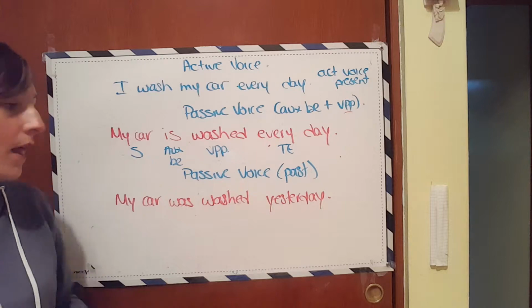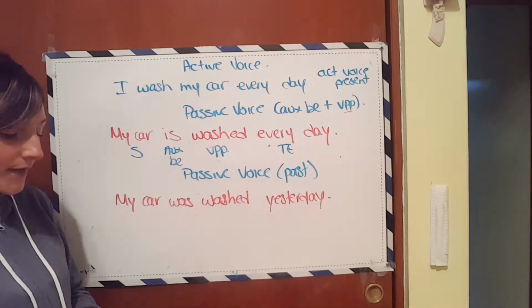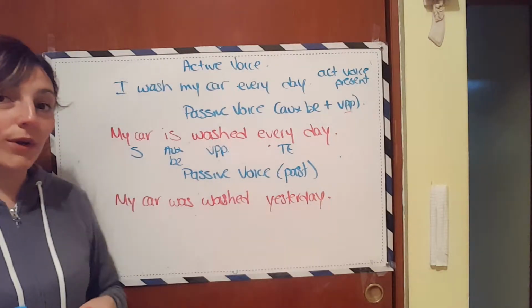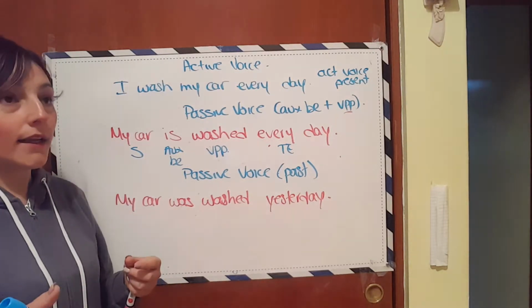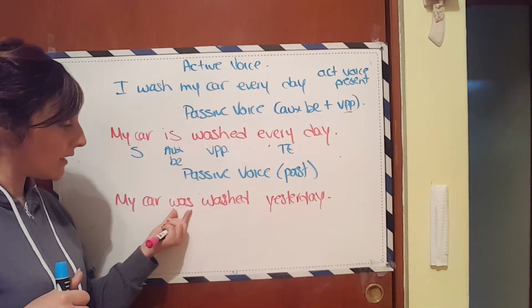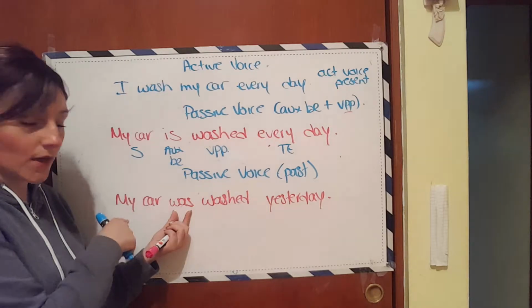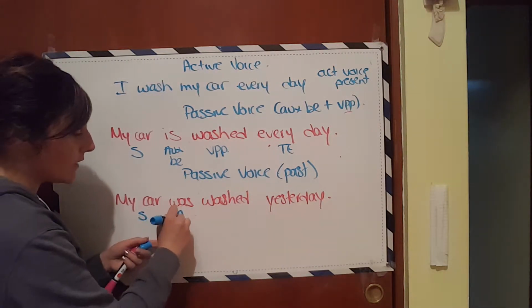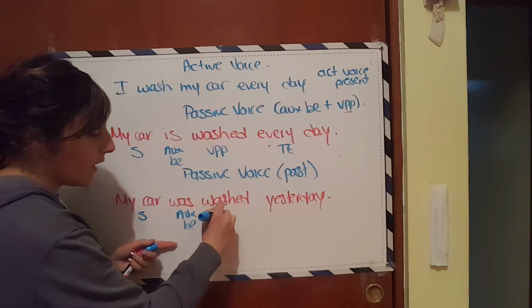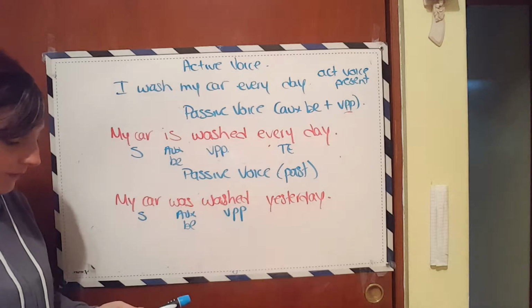No, we don't know. But what received the activity? My car. Yes? So it's very easy. What you only have to do is to conjugate this auxiliary in the past, but this has to be according to your subject. So this is my subject, this is my auxiliary to be, and this is my verb in past participle. This is for singular, right?